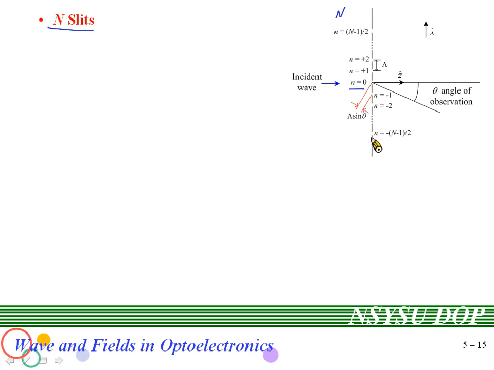And clearly, the initial amplitude for the center slit can be written as this one. The center slit has the corresponding number n equals 0.